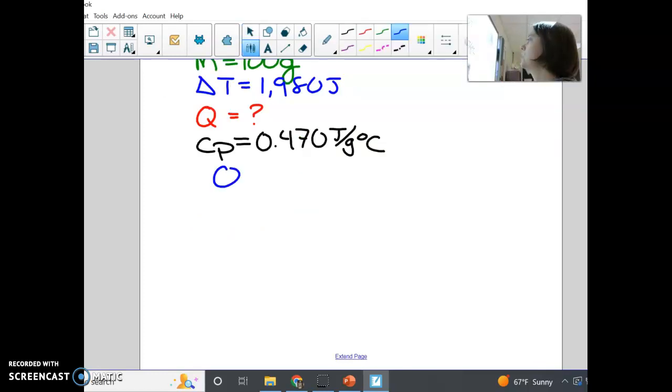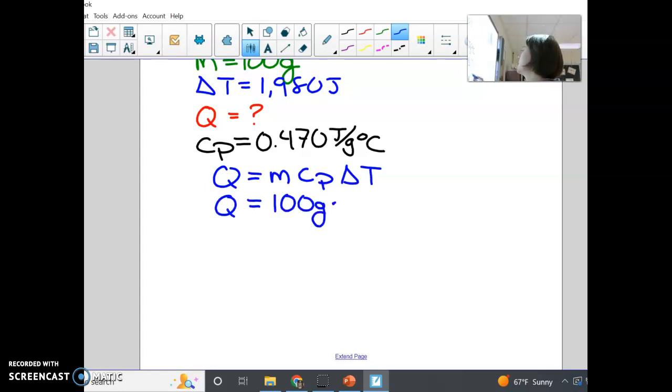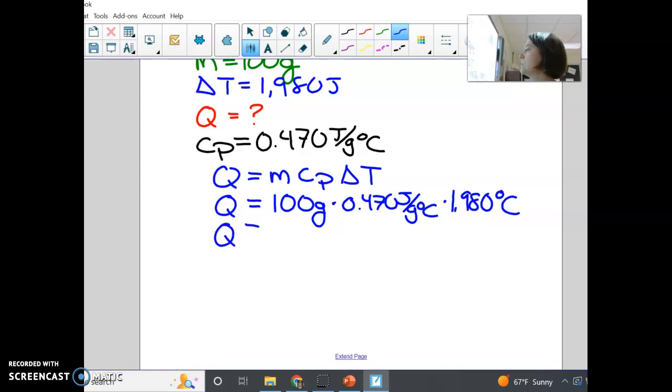So we write Q equals mCp delta T. And I sub in my numbers. Q is my variable. Mass is 100 grams times our specific heat, which is 0.470 joules per gram degrees Celsius, times our change in temperature, which is 1980 degrees Celsius. So I rewrite my equation and my equal sign, my variable and my equal sign.